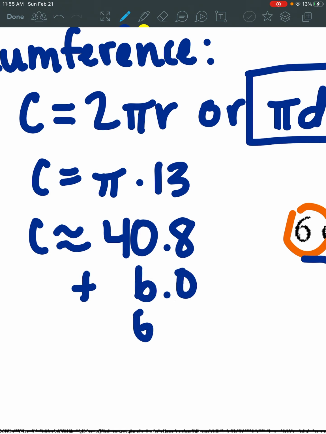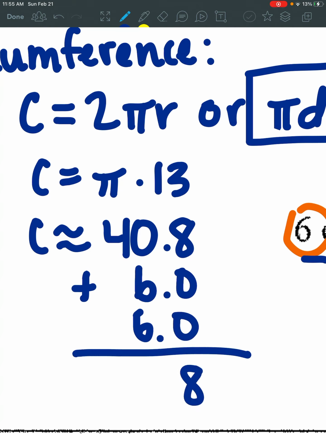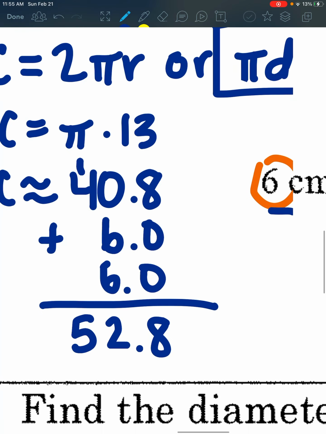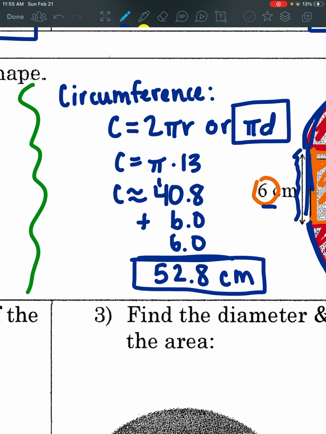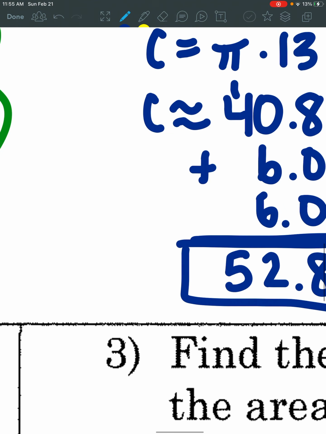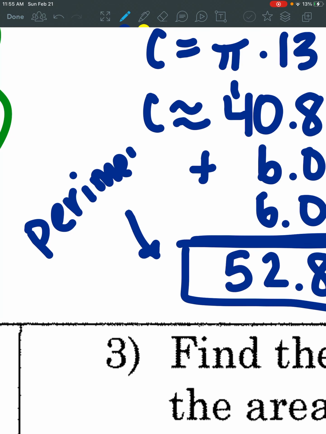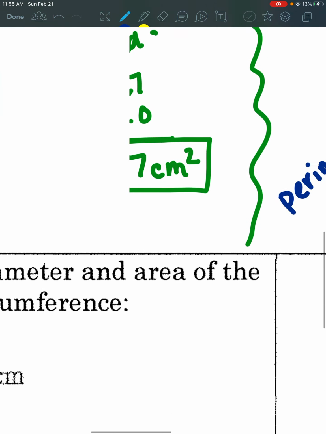Again, I'm lining up my decimal. Add another 6 for the other side. So we get 52.8. We're talking about a perimeter, just a measurement, so we just label it as centimeters. So there is the perimeter of the circle, and then on the other side we found the area of the circle.